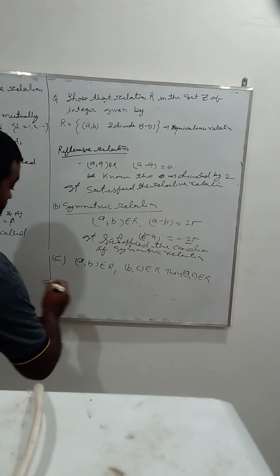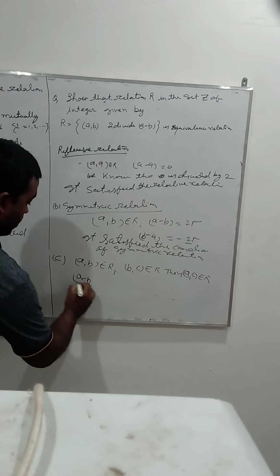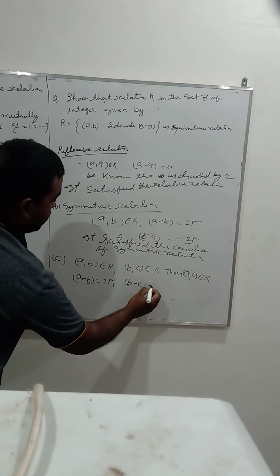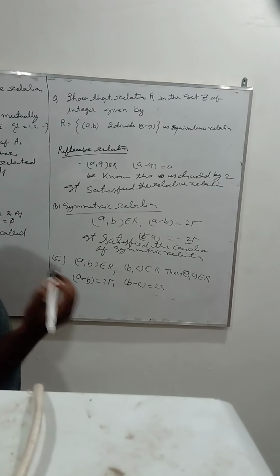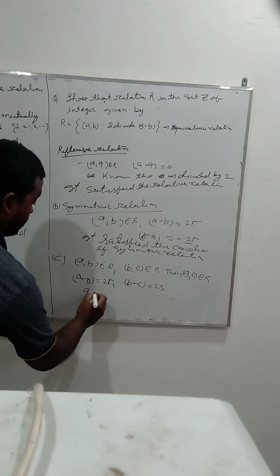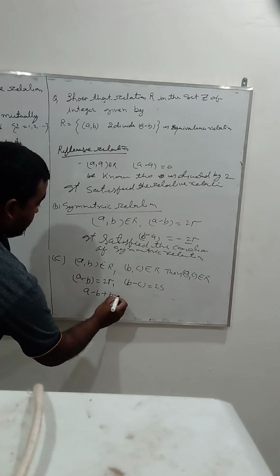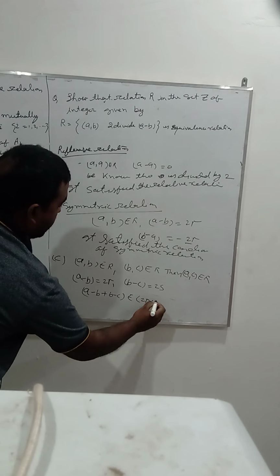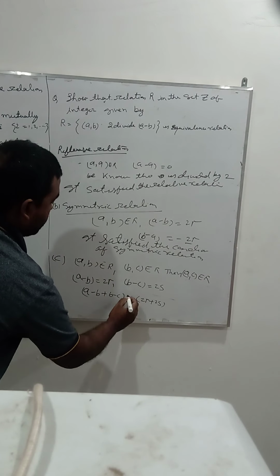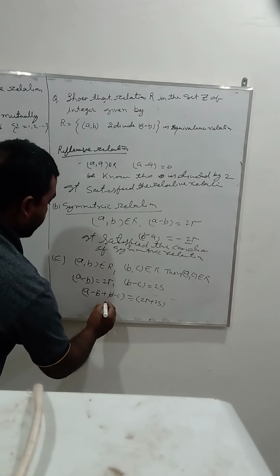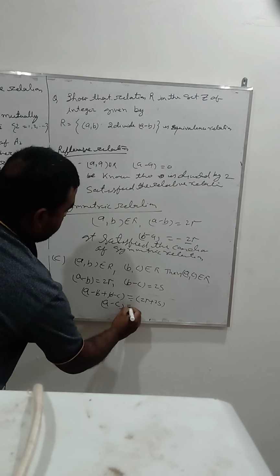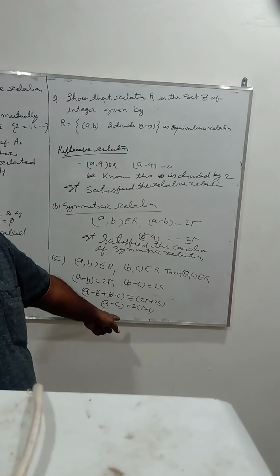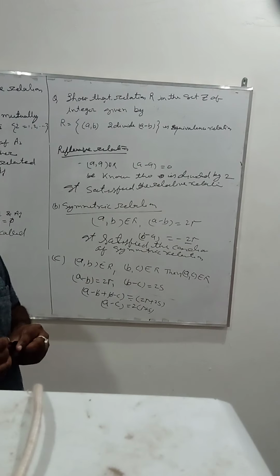Look here, since a minus b is 2r, and b minus c, let us suppose, is 2s. When we add these, a minus b plus b minus c is equal to 2r plus 2s. So b and b cancel, so a minus c is 2(r plus s). Look here, this is also a multiple of 2, so you can say that it is also divisible by 2.